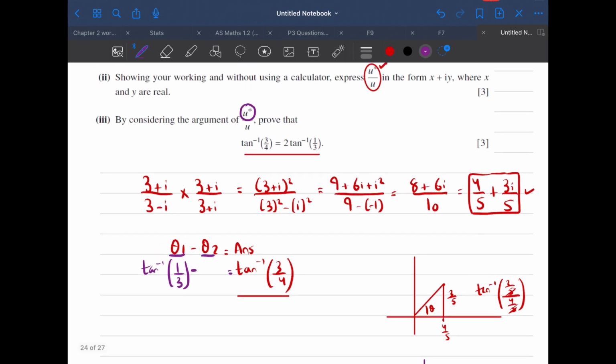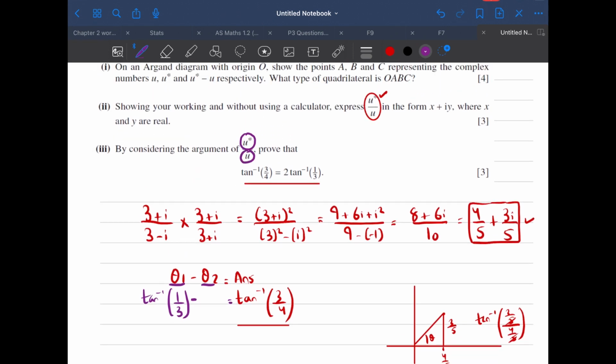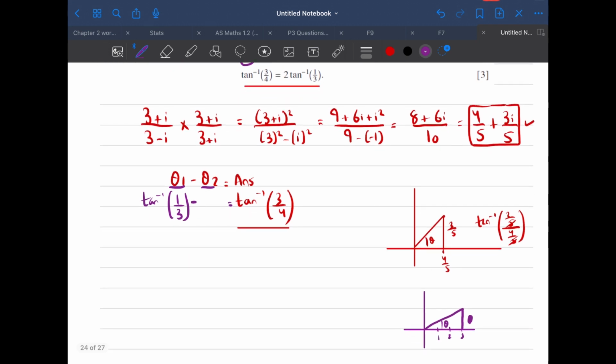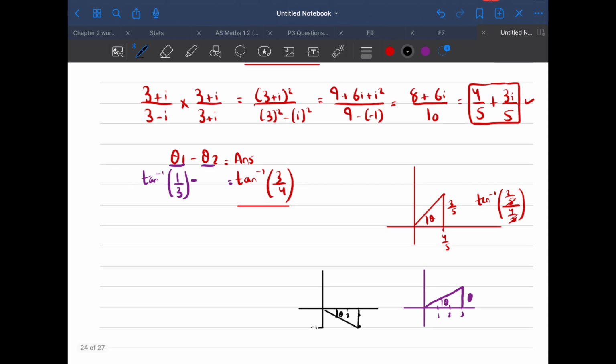Now argument 2 is in the denominator, that's U, which is 3 minus iota. So where will 3 minus iota lie? Here, 1, 2, 3 and minus 1, it will lie here. Let's make this. Got this? If I draw this, how will I get the angle? Tan inverse 1 upon 3, but it's in the clockwise direction.